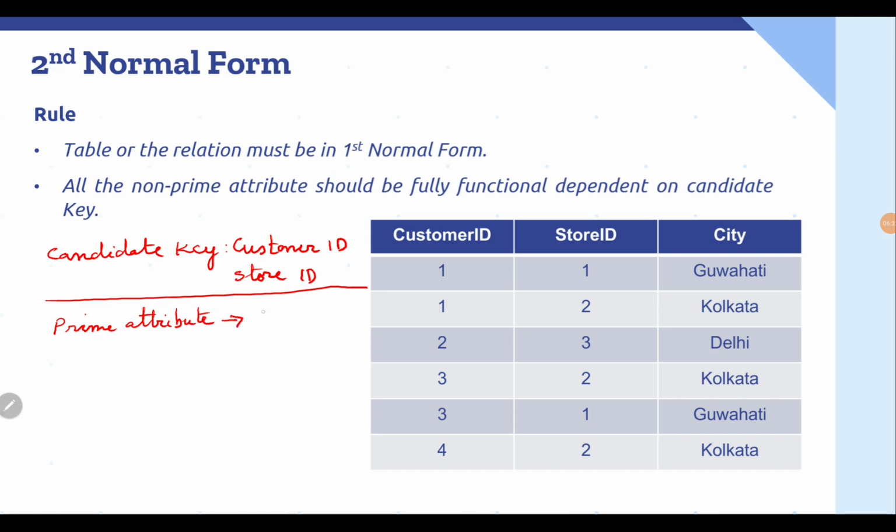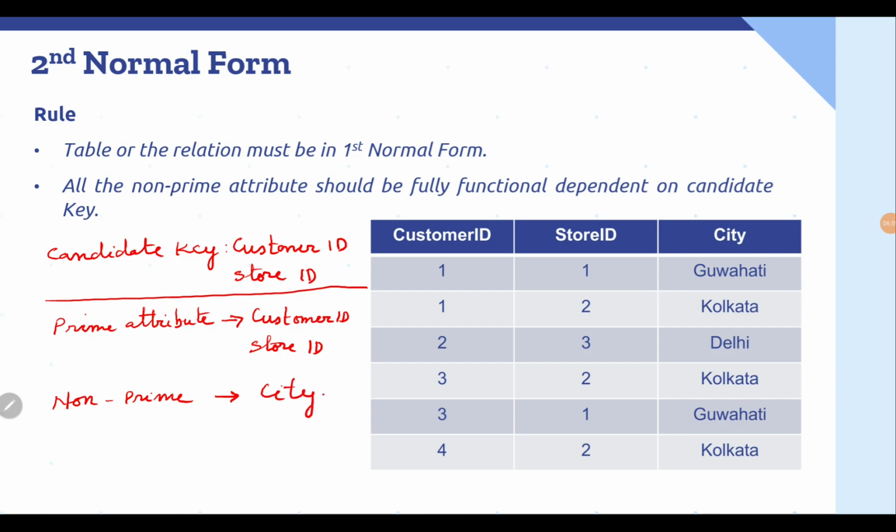Prime attributes here are the customer ID and store ID. And non-prime attributes are basically the city.